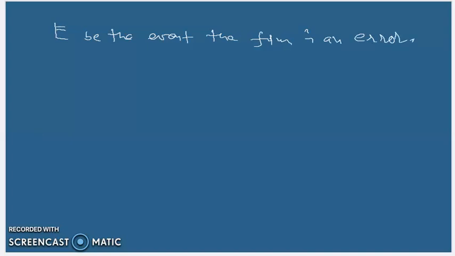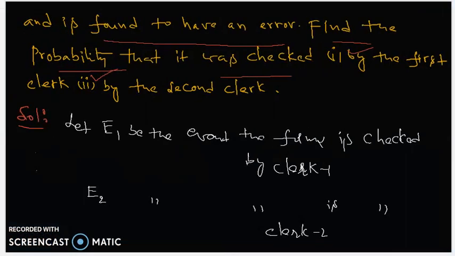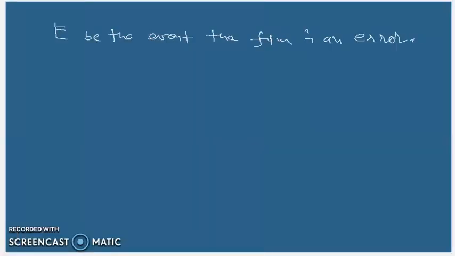Okay, so there are three events. E1 represents the form is checked by clerk 1. E2 represents the form is checked by clerk 2. And one more event is E, the form is an error form.